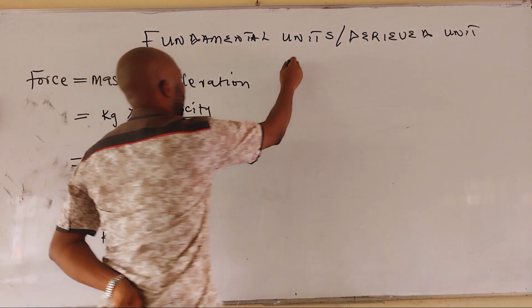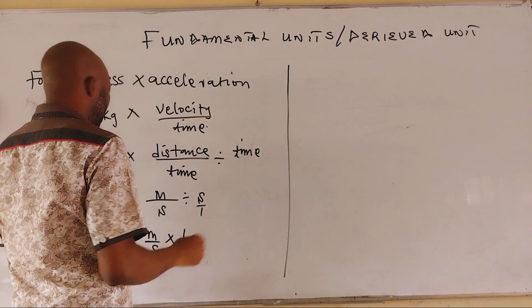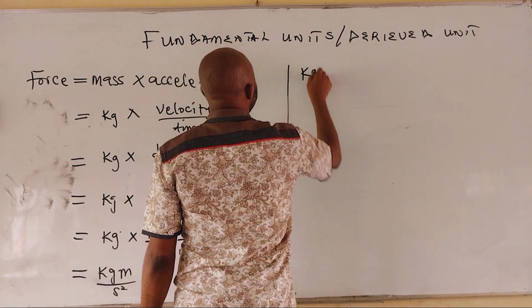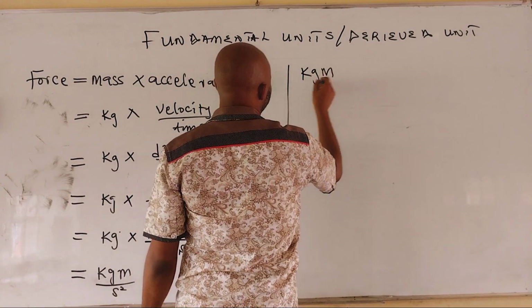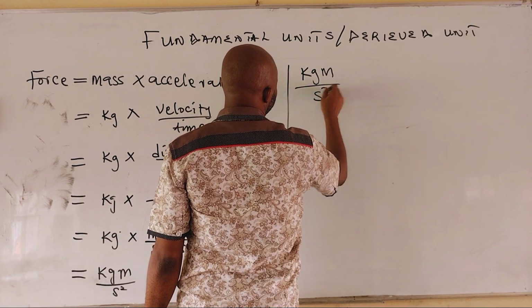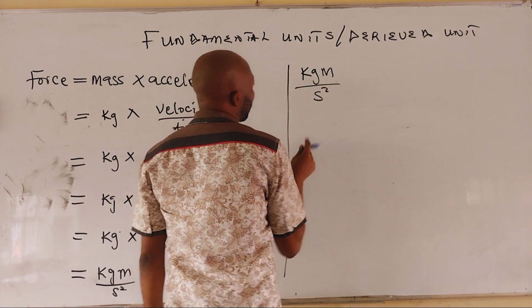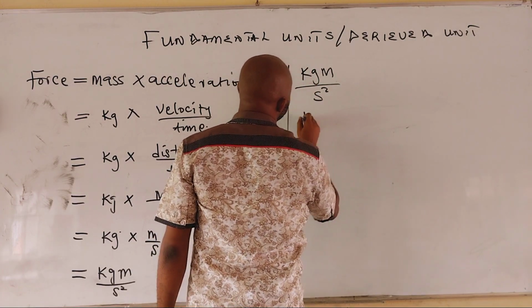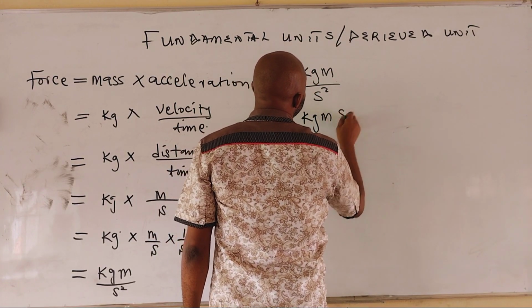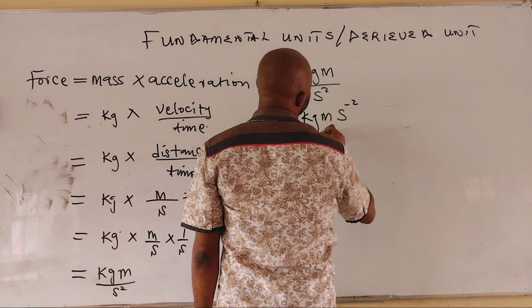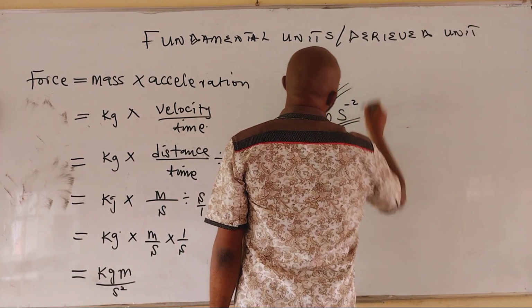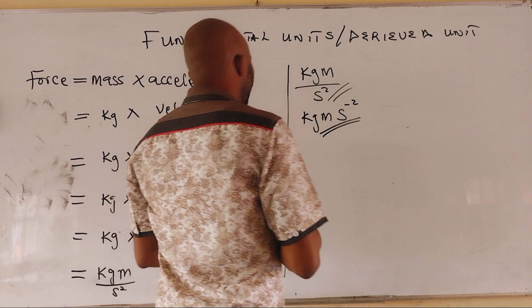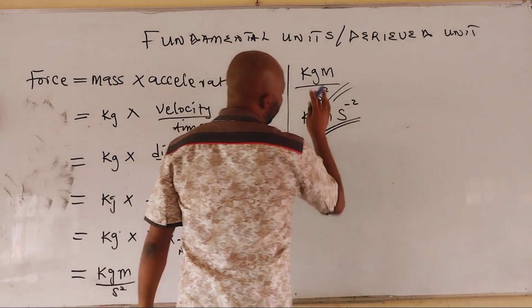Let's come over here. Now, I have my kg meter over second squared. If I want to put it the other way, I can still have it as kg meter second to the minus 2. This way, they are both correct. So for the dimension, we have mass.